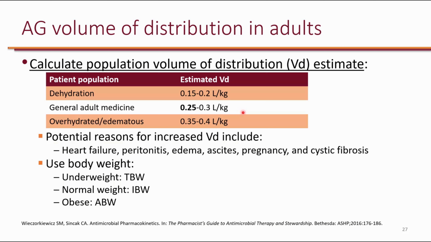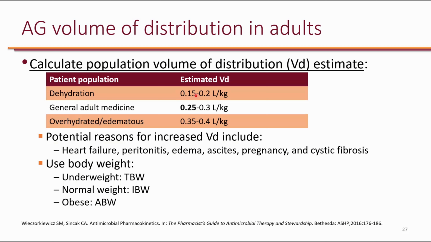Because aminoglycosides are hydrophilic, they distribute primarily in the extracellular fluid. So fluid status is extremely important. In someone with normal fluid status, so in a general population, the estimated volume of distribution is about 0.25 liters per kilogram. Now, if someone is dehydrated, this volume of distribution will be reduced. So for the purpose of this class, we're going to use the number 0.15 liters per kilogram.